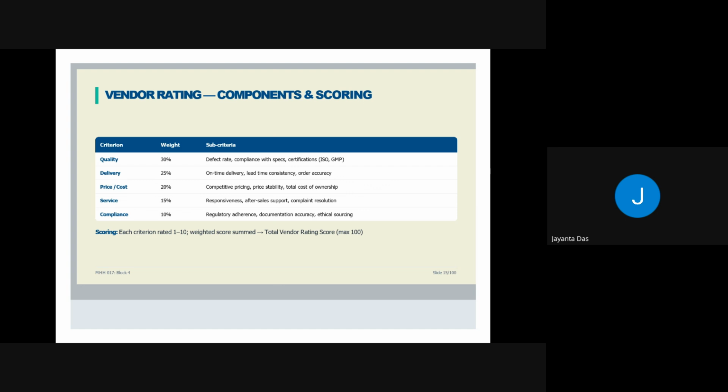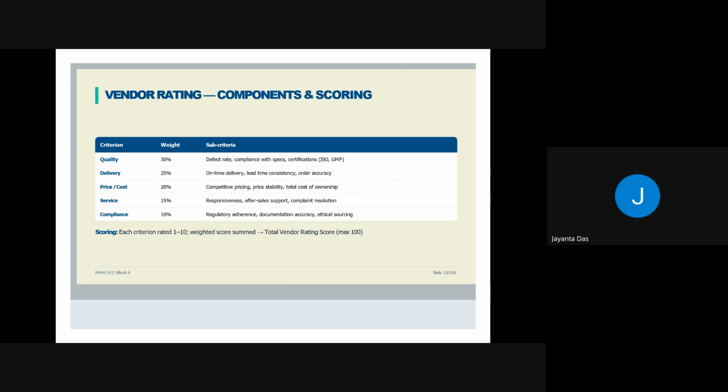Fourth one is service, for which we usually give 15%. That is responsiveness, after-sale support, and complaint resolution, the extent to which the vendor is supporting us in this. And 10% is given for compliance, that is regulatory adherence, documentation accuracy, and ethical sourcing.